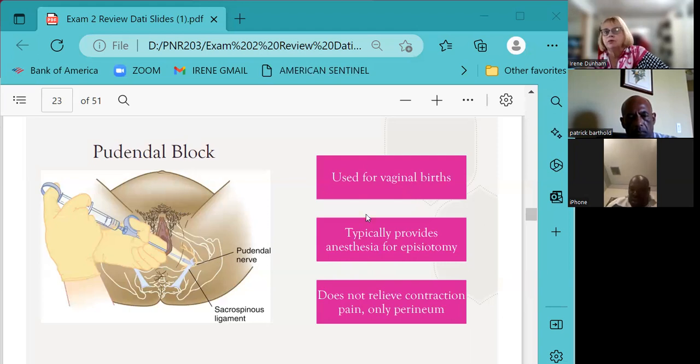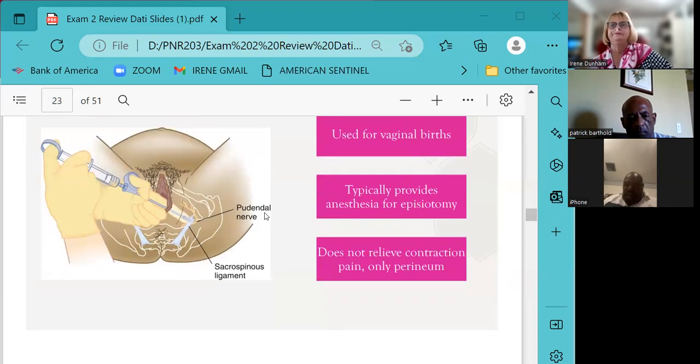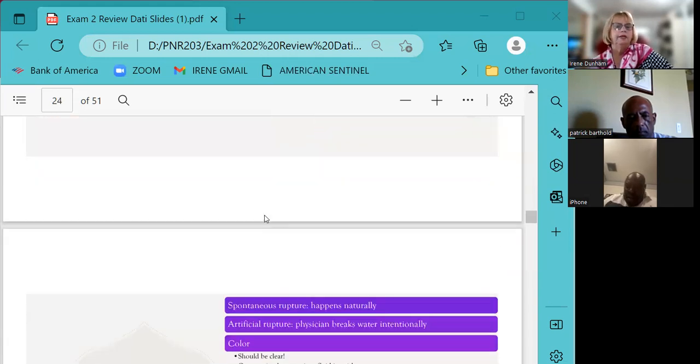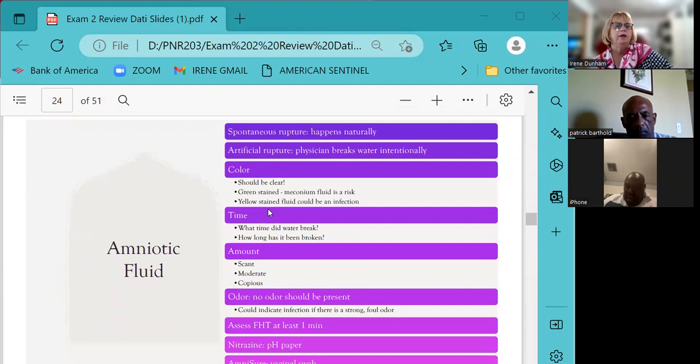Again, it's used for vaginal births. It doesn't relieve contractions. It has nothing to do with contractions. We're not doing anything to the uterus, but it does block the nerve here, and it works perfectly for episiotomy. Okay, everybody got that? That's a pudendal block.